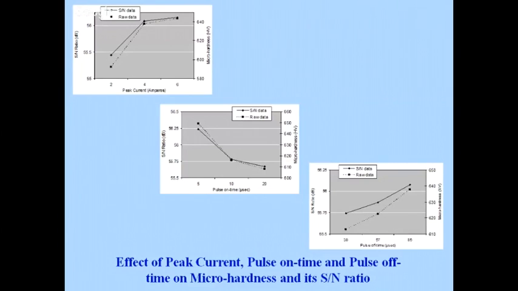I am able to see the effect of all those three together. I use different levels, studied the interaction, put them into a matrix. Now the result is, if I want to maximize micro hardness, use current 6 ampere, pulse on time 5 microsecond, pulse off time 85 microsecond. You will get the best micro hardness. I have optimized further.